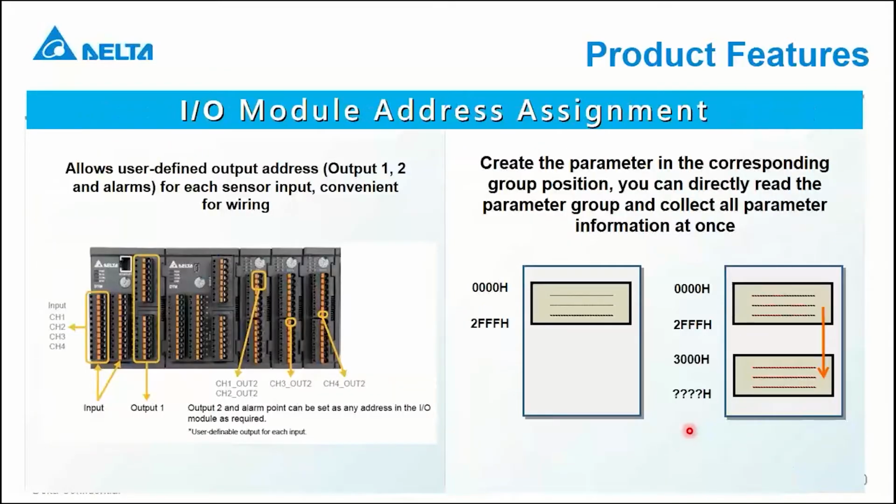Okay, and the next one is the group function. You can see we allow users to define the output address, output 1, output 2, and even the alarm for each of the input sensors. So it's very convenient for wiring, because sometimes you finish wiring and then find, oh, I made a mistake, this one should be number 1, not number 3. In this case, you don't need to do the on-site job again.